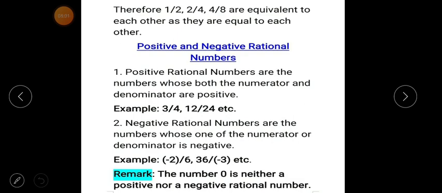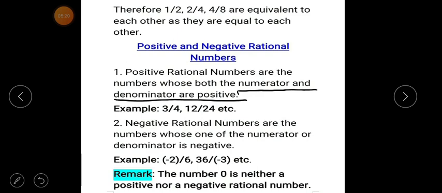Now, positive and negative rational numbers. Positive rational numbers are the numbers whose numerator and denominator are both positive. And the negative rational numbers.